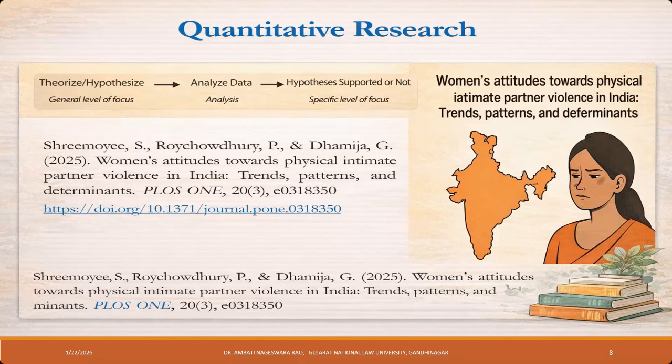Now, the researcher wants to test these two theories. It shows that people who experience violence in their family have a high tolerance level compared with women who do not experience violence in their family.